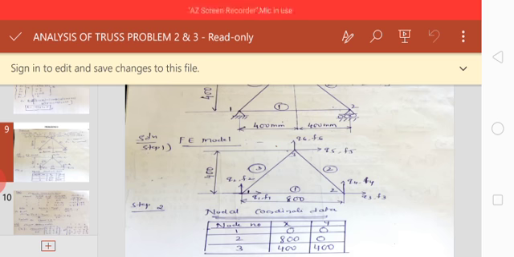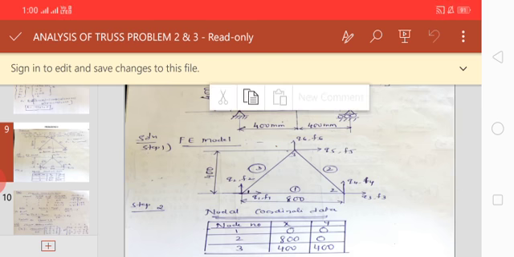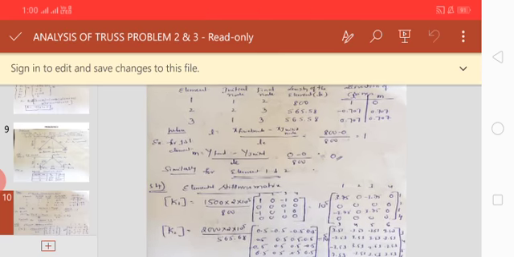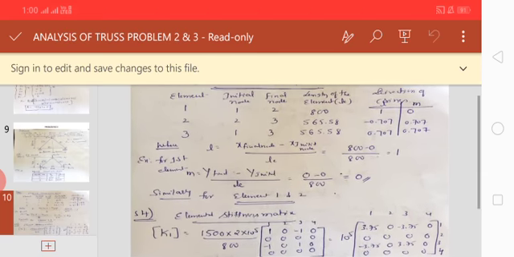L always talks about the x axis and M about the y axis, so you concentrate only on the x column, not the y column. For node 2, what is the x value? It is given as 800 mm, and for node 1 it is 0. So x final is 800 minus the initial node value 0, and the effective length is 800. If you do it, you are going to get 1.